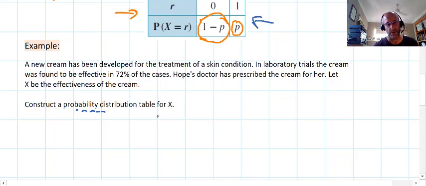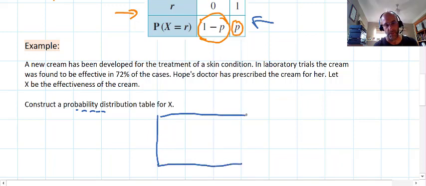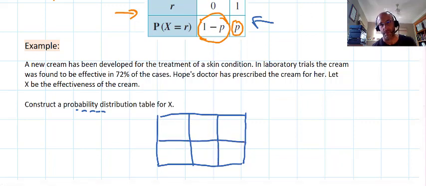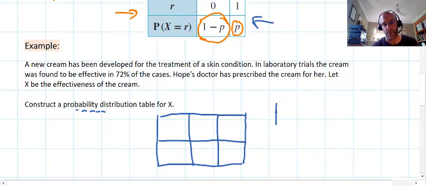Okay, so we need 2 rows. And because it's Bernoulli, we need 3 columns. Now, because we're not sadistic, we're considering the probability little p of a success, the probability of success with the cream.